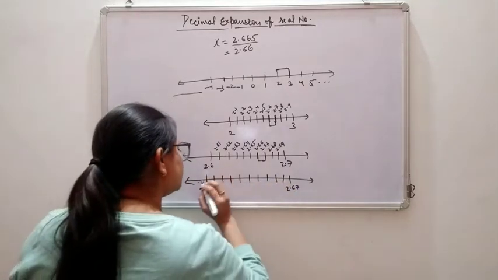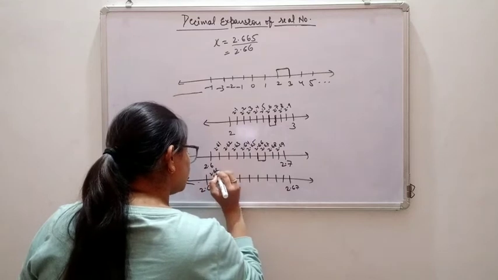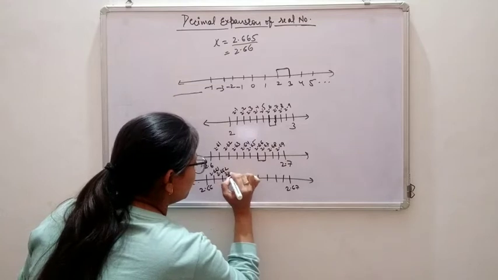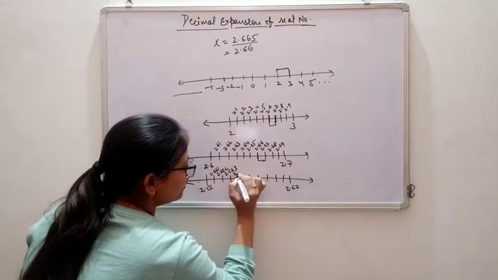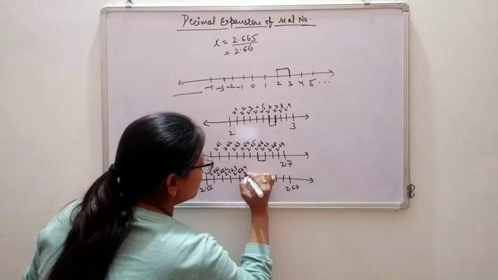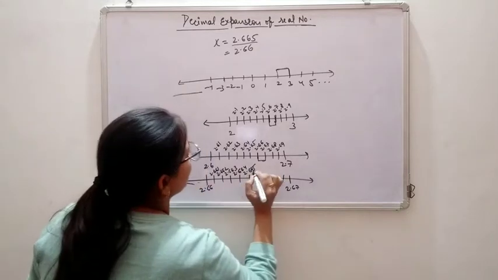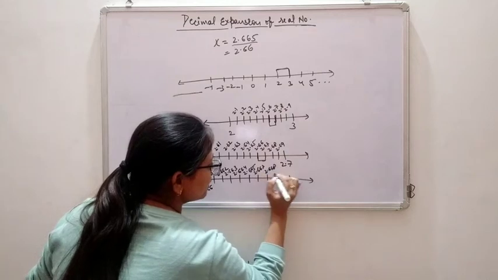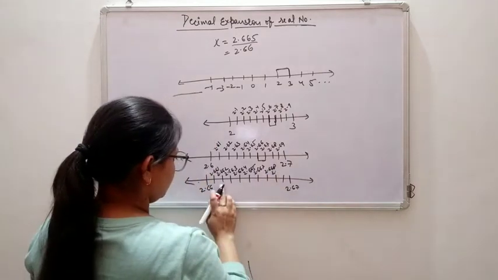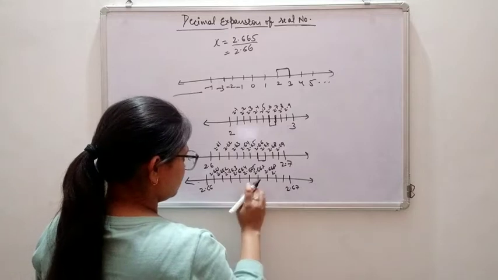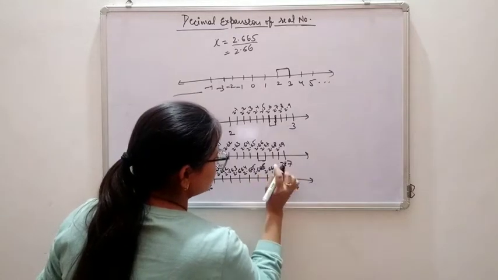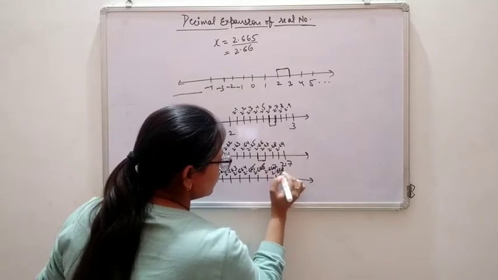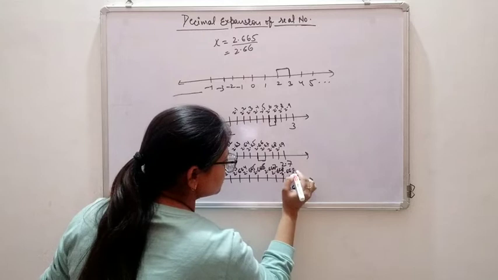And mark them as 2.661, 2.662, 2.663, 2.664, 2.665 and 2.666, 2.667, 2.668, 2.669.